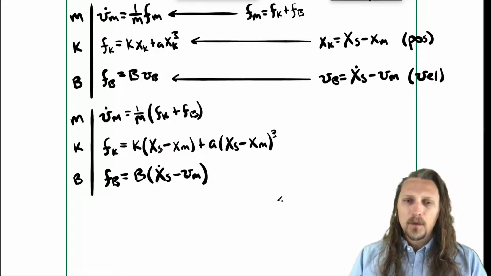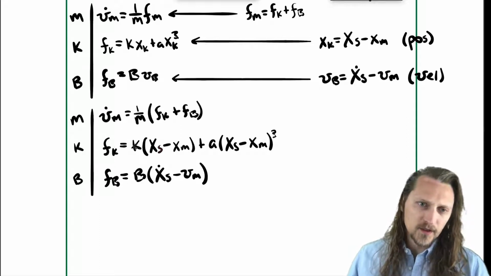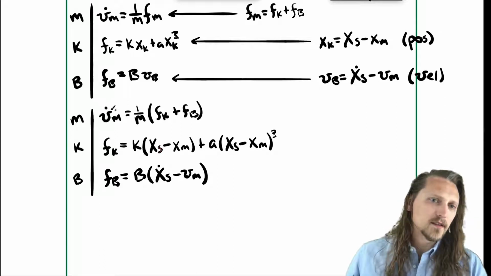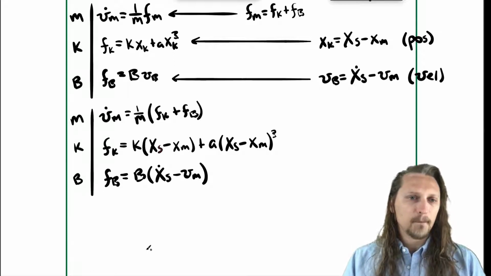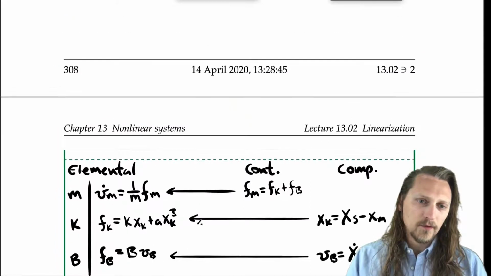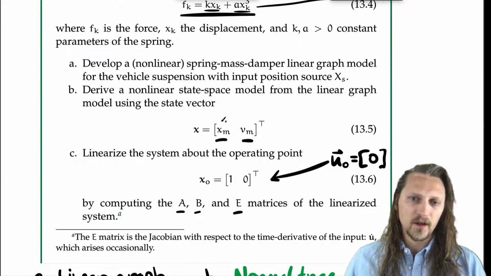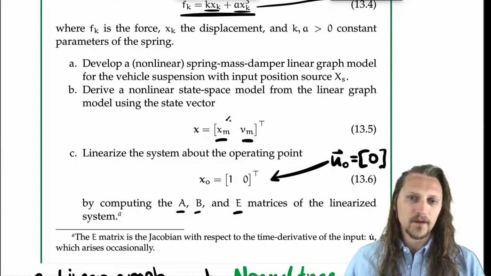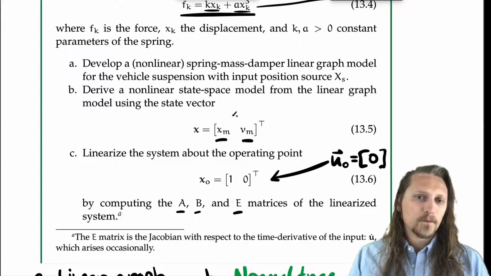And what we've got here are 3 equations. Vm dot is the time derivative of one of our state variables, the second state variable, Vm. However, we don't have an equation that shows up here for xm dot, right? That's our other state variable. Our x1, our first state variable, is the position of the mass, xm. So we don't see xm dot showing up.